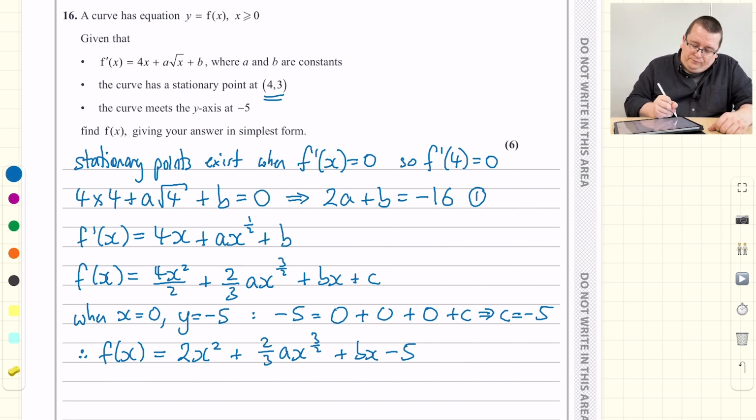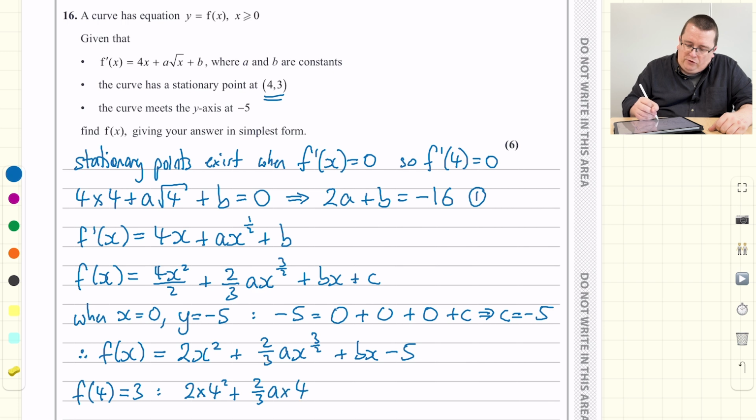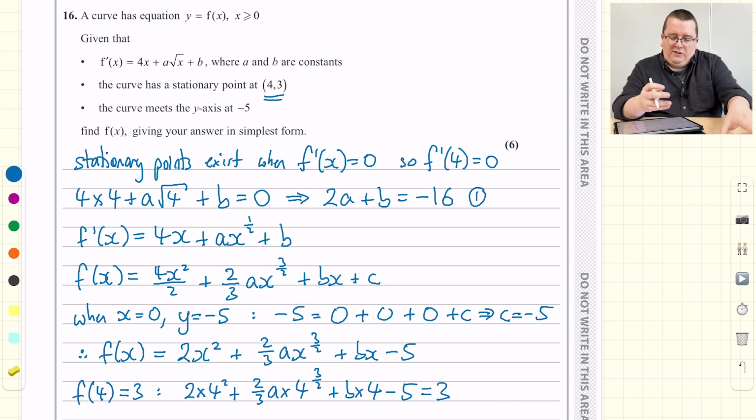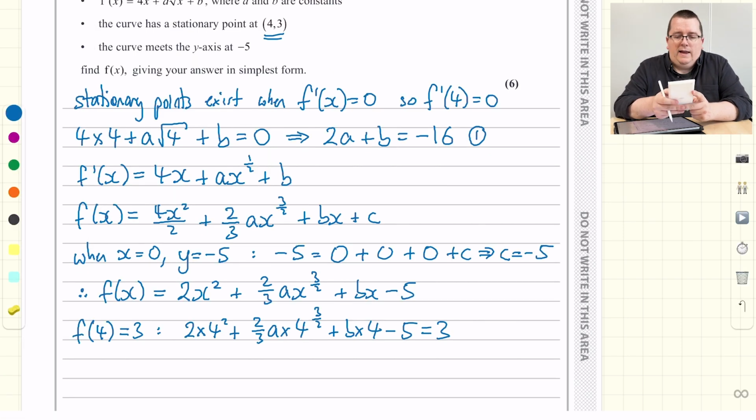So, seeing as f of 4 is 3, we can substitute 4 in, and we're going to get 2 lots of 4 squared plus 2/3 a times 4 to the 3 halves plus b times 4, take away 5 is equal to 3. So if we tidy this up, we have 2/3 times 4 to the 3 halves.